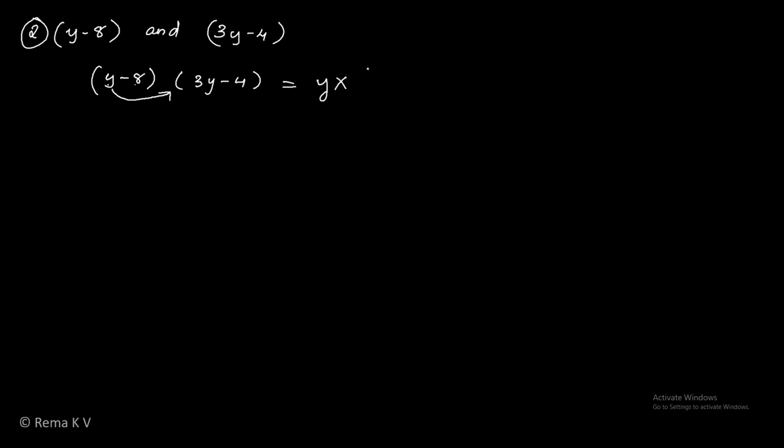y into 3y minus 4. Then the second one is minus 8 into 3y minus 4.